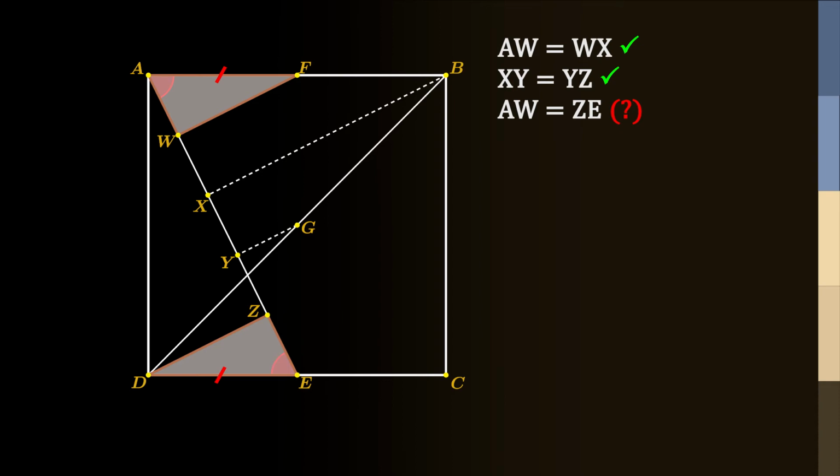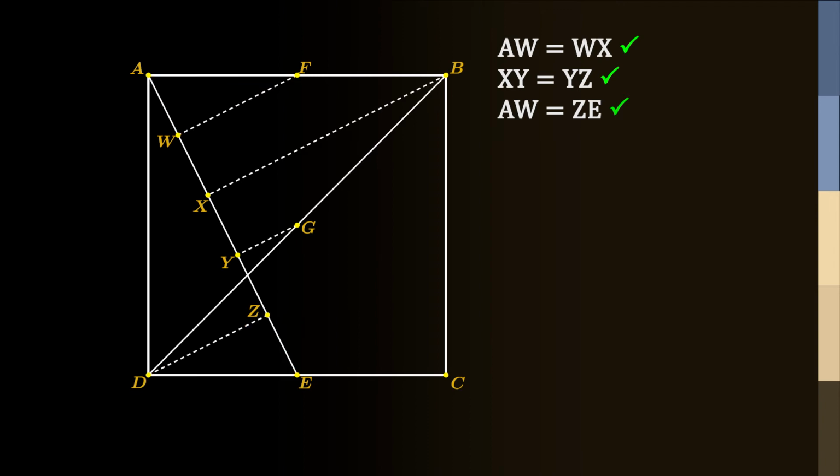Thirdly, the angle in A is equal to the angle in E because they are corresponding angles between two parallel lines. Those parallel lines being the square sides, intersected by AE. Now, with right-angle triangles, congruence is guaranteed if the hypotenuse and one of the acute angles are the same. If AWF and DZE are congruent, that means that the side AW is equal to the side ZE.